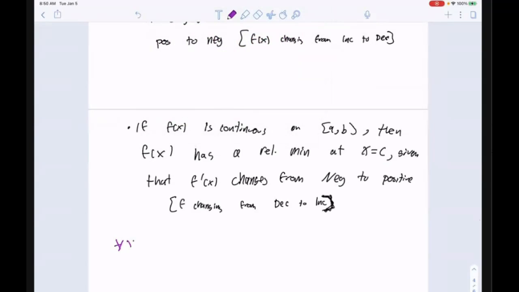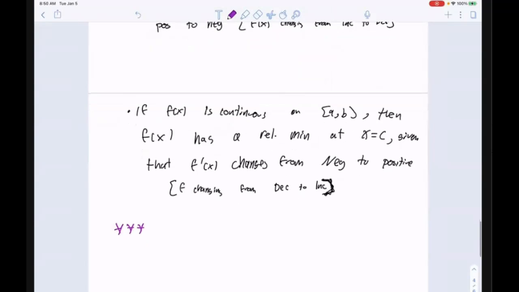Now something to note, the relative max or min is the output value, f of c.